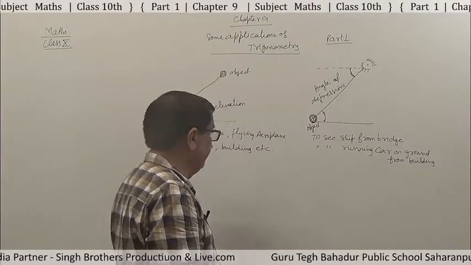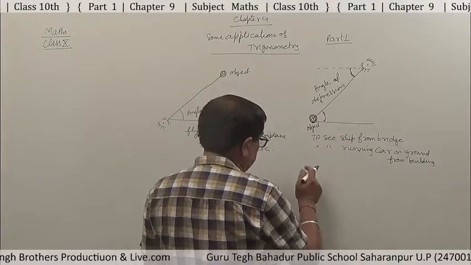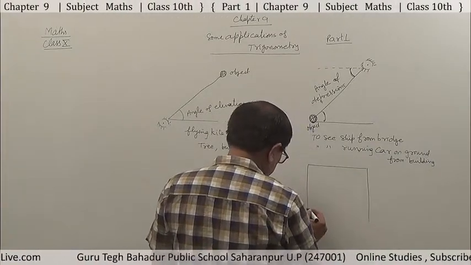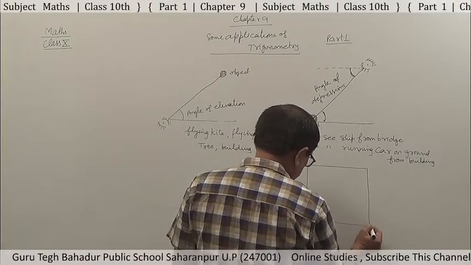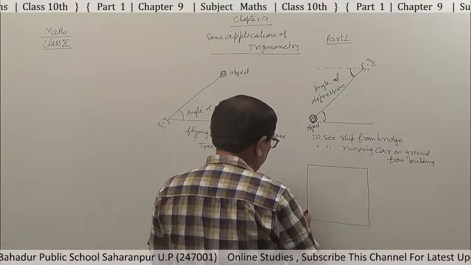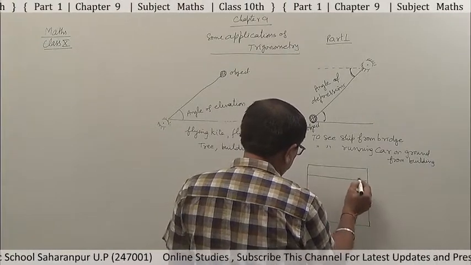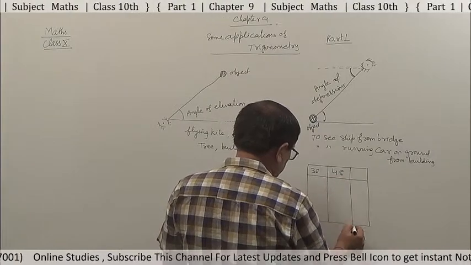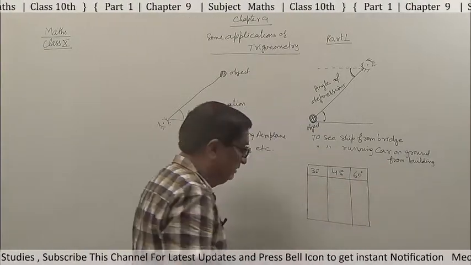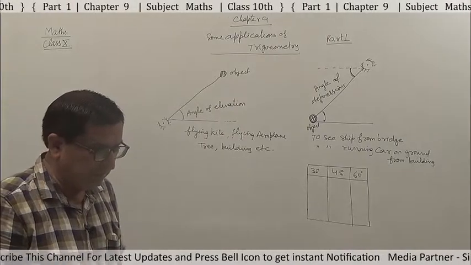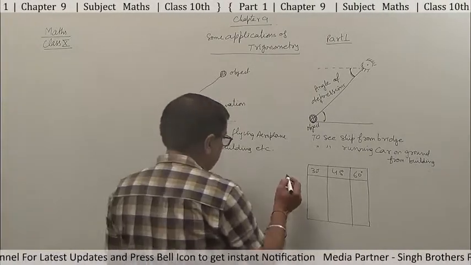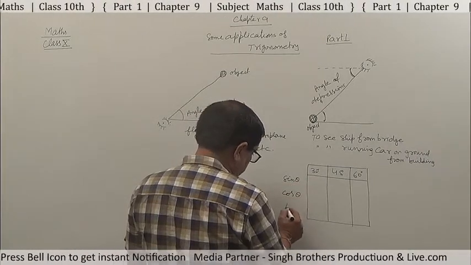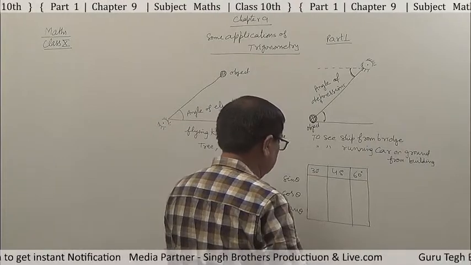Generally, in trigonometry, in this application, we use the trigonometric table. Mostly it is the use of 30 degree, 45 degree and 60 degree. Generally 3 values are used, and here sin theta, cos theta and tan theta.